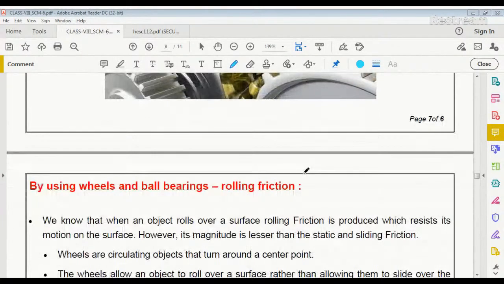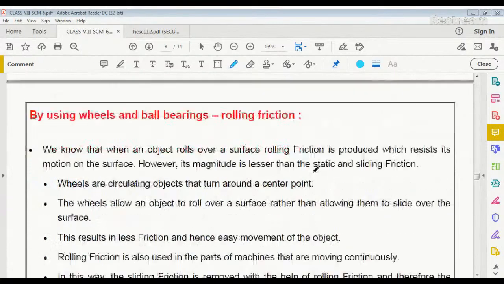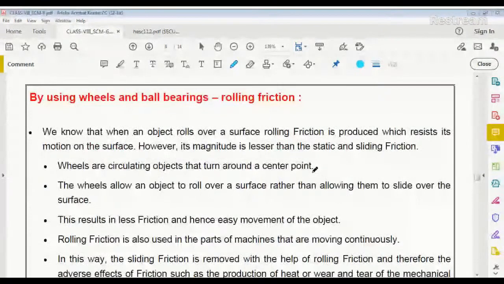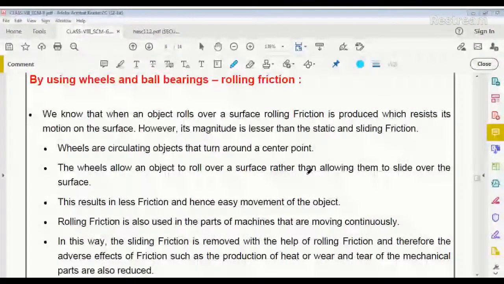Now, we must have seen suitcases and other pieces of luggage fitted with rollers. Even a child can pull such pieces of luggage, right? But why is it so? We will find out in this topic which we are going to study today.